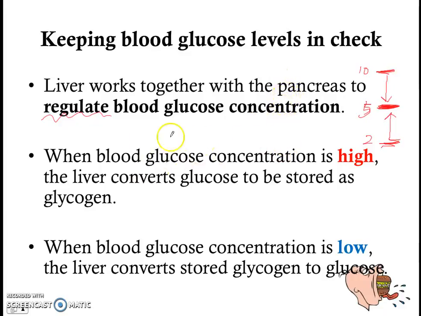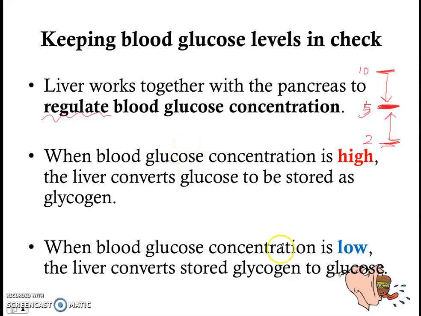Now, when the blood glucose concentration is too high, what the liver does is that it converts the extra glucose into glycogen to be stored in the liver. So it takes all the glucose out from the blood and stores it as glycogen.